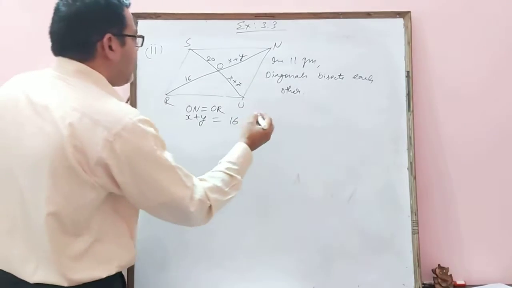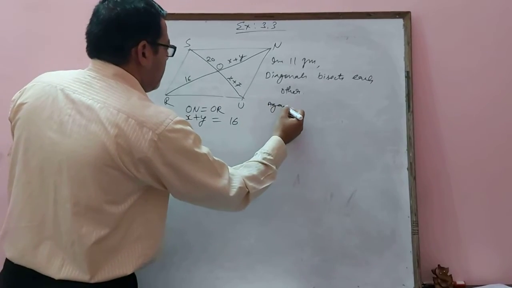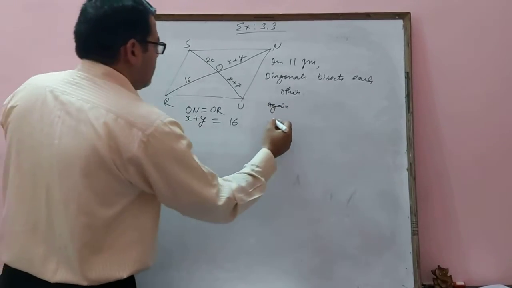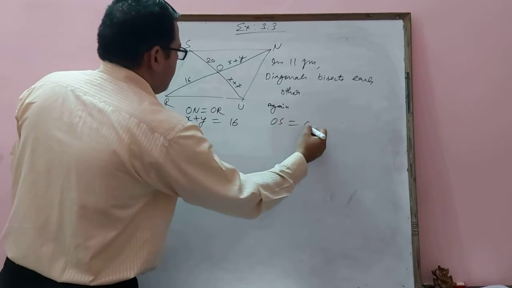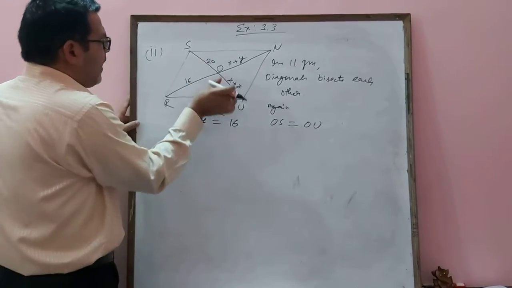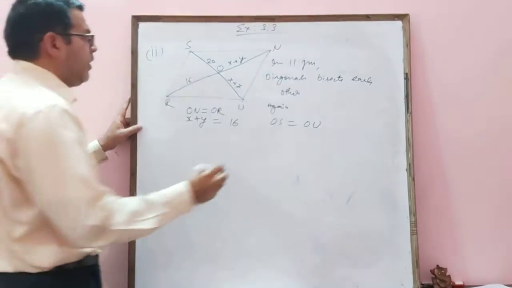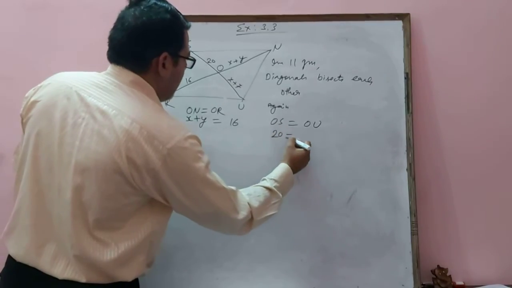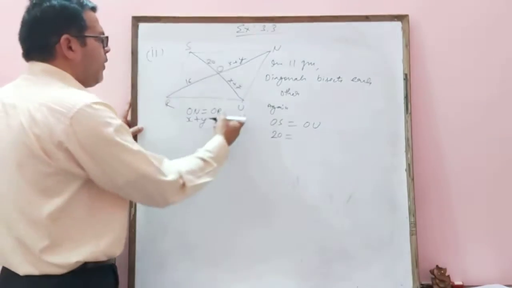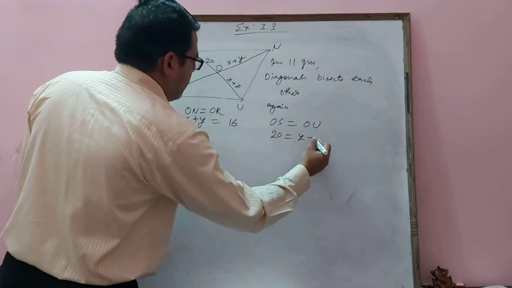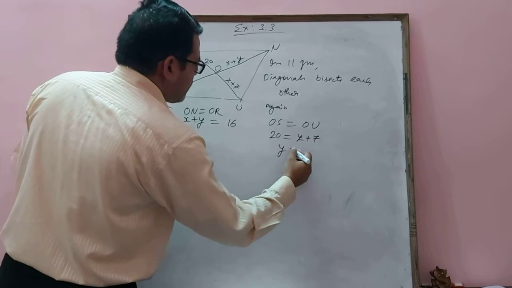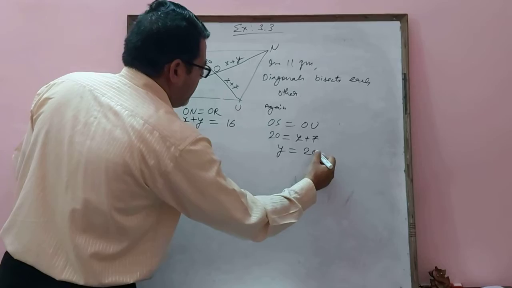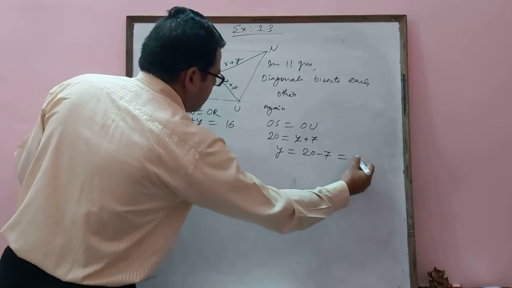Now in the second case, the second diagonal is OS and OU. So OS and OU will also be equal. What is OS? This is 20 and OU is y plus 7. So if we solve it, y equals 20 minus 7, that is 13.